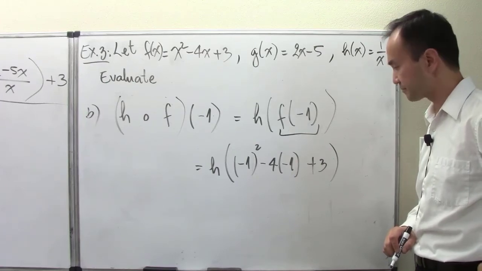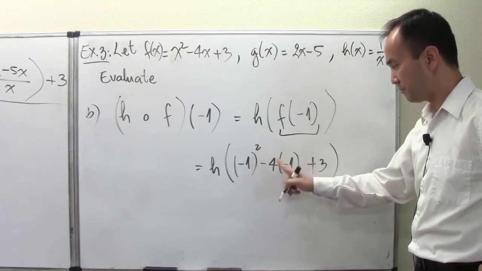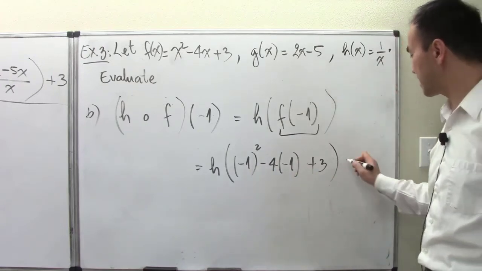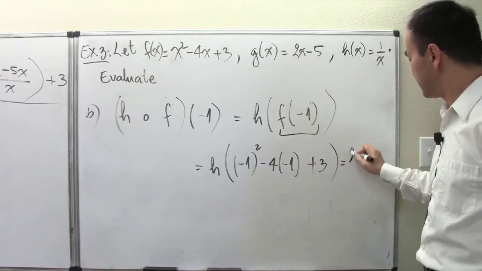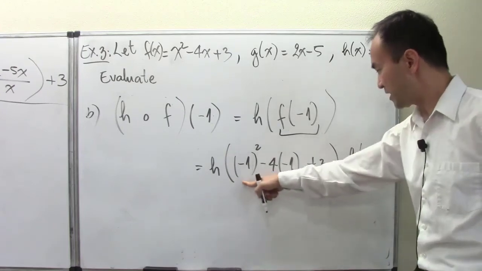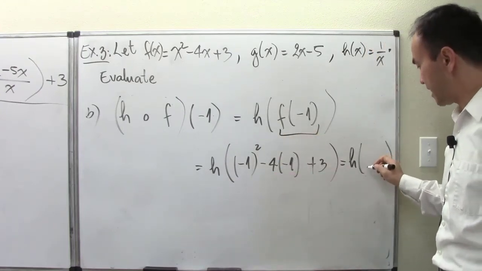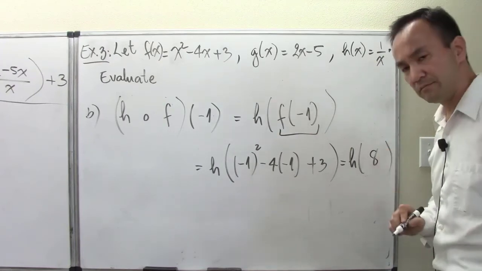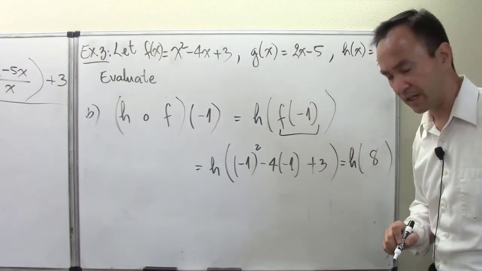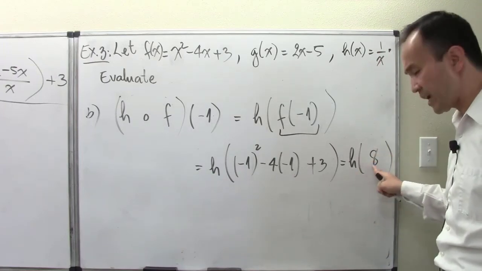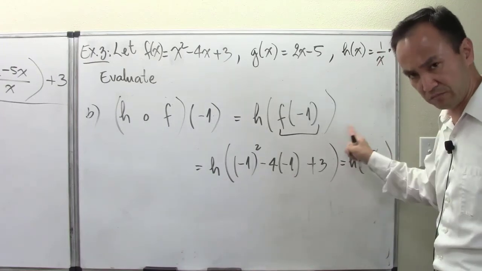So for just f of -1, it gives me an output at the end being 8. So h of 8. Now this h of 8 is going to be the final answer that we're looking for.